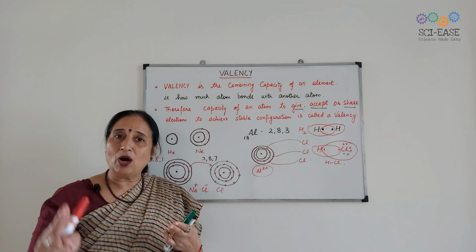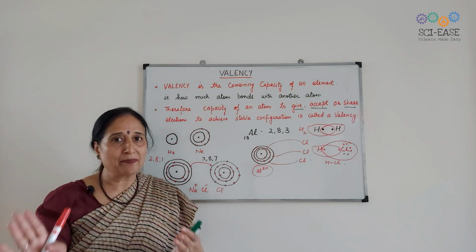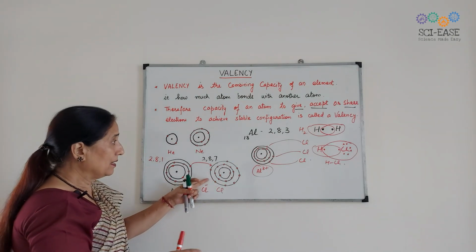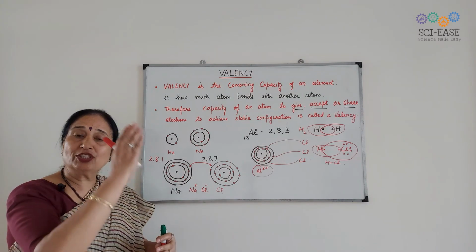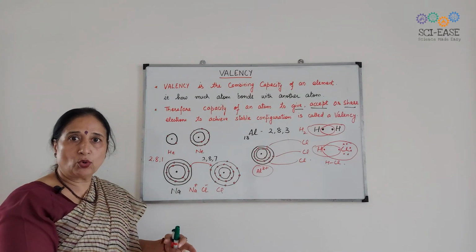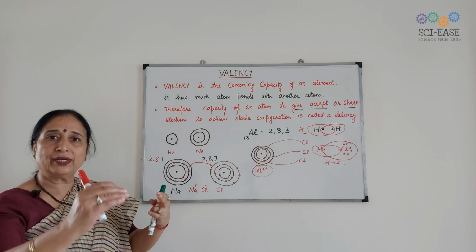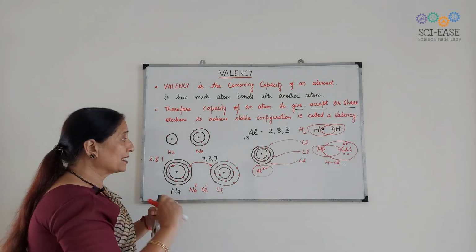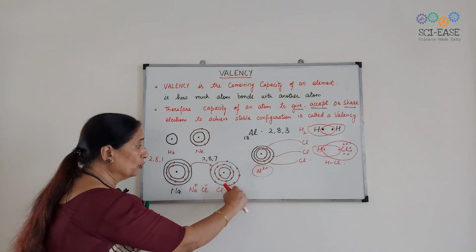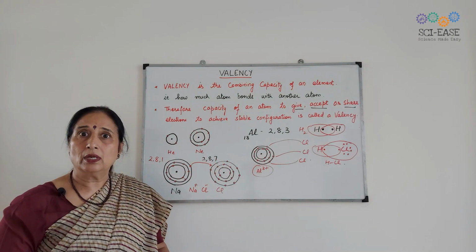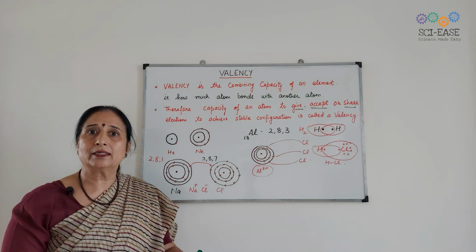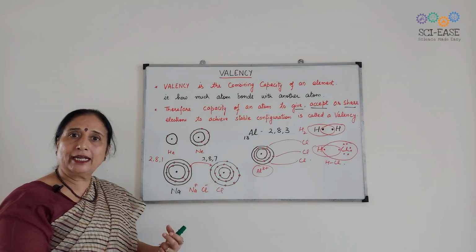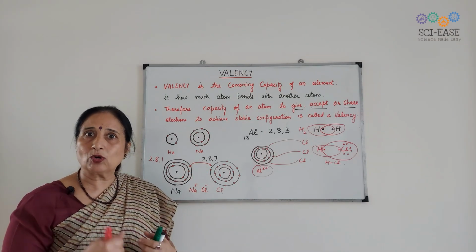One is the outermost electrons present in the valence shell. Or in the case of all the halogens or chalcogens, the oxygen family, and halogens: fluorine, chlorine, bromine, iodine. In these cases, if I remove these 7 electrons, a lot of energy is required. So it will accept 1 electron and acquire the stable configuration.